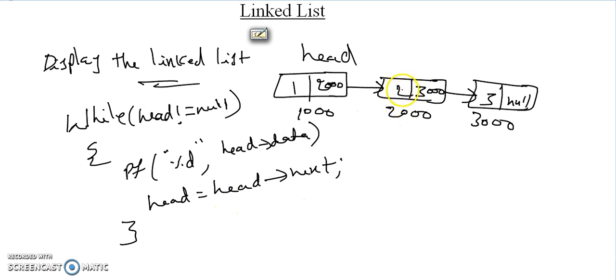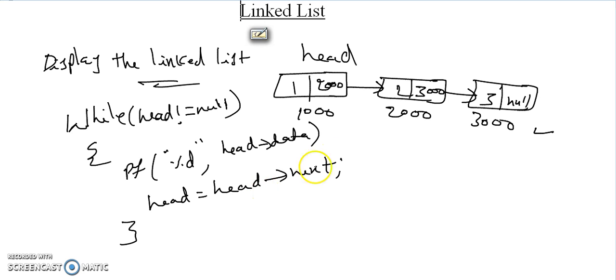Next head is here, and second not equal to null, 2. Next one, head equal to head of next up to here, right? So print head of data, next head equal to head of next up to here.